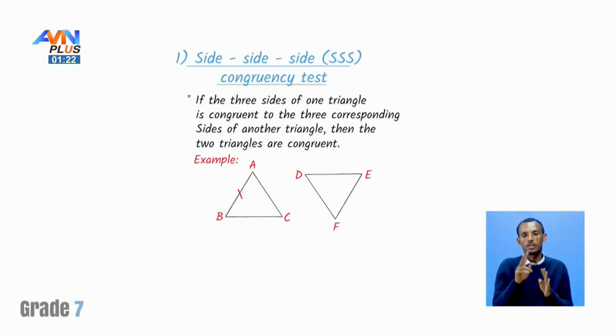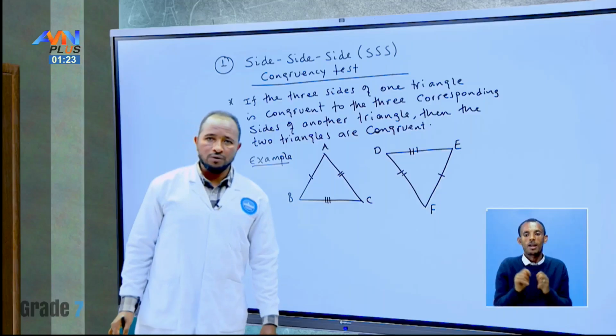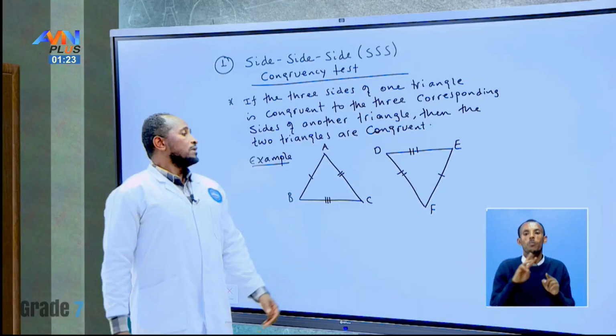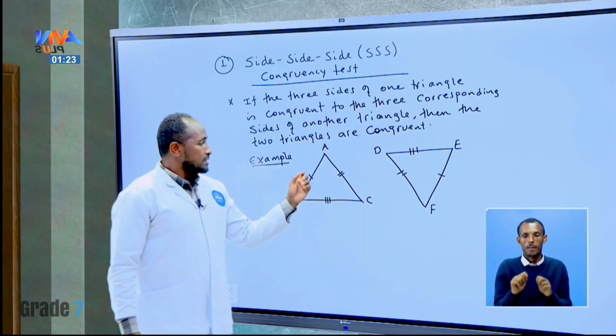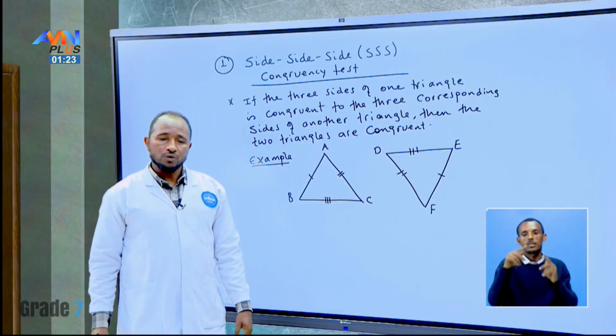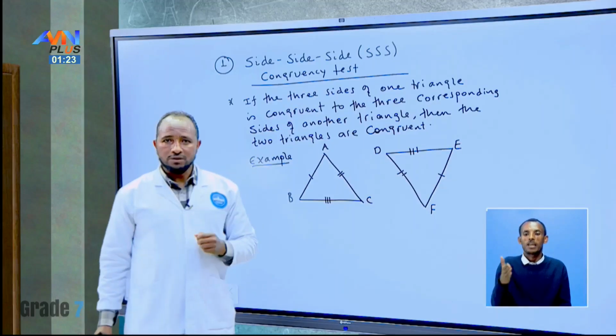Let's assume this side is congruent to this one, and assume this side is congruent to this side, and this side is congruent to this one. Are these two triangles congruent or not using this congruency test? When we see the two triangles, the three sides of these triangles are congruent with the three sides of the other triangle. So the two triangles are congruent using the side-side-side congruency test.